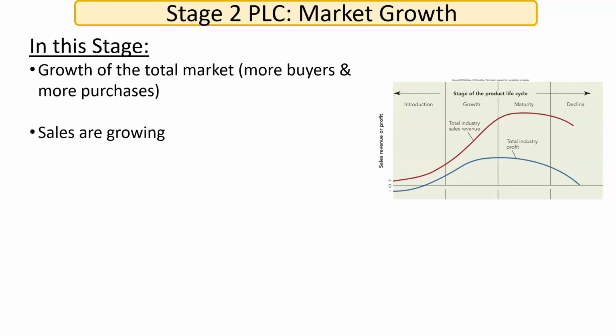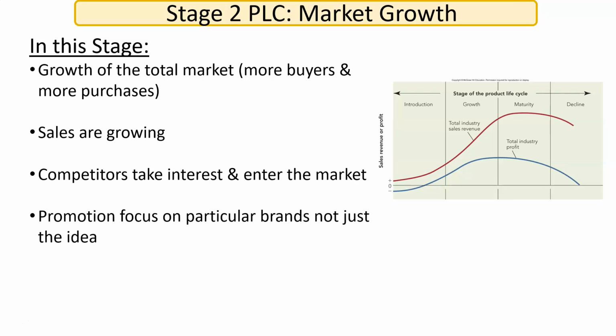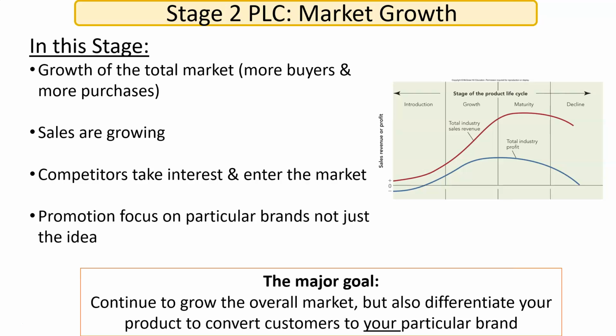Sales growth comes from more total purchases in general, for both new and repeat purchases. We also get more competitors that take interest and enter the market, and promotional messages start to focus on particular brands, not just the general idea. So, major goal, you need to differentiate your product. You want to convert customers to your particular brand.